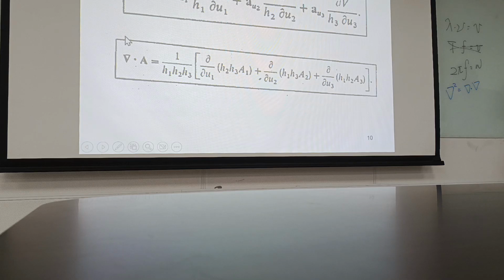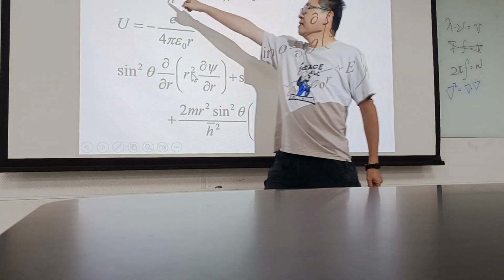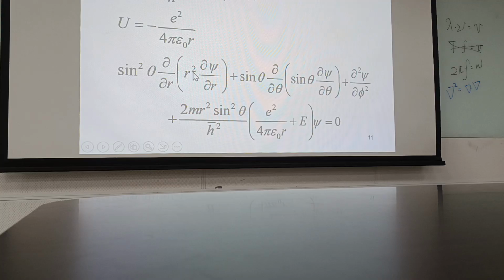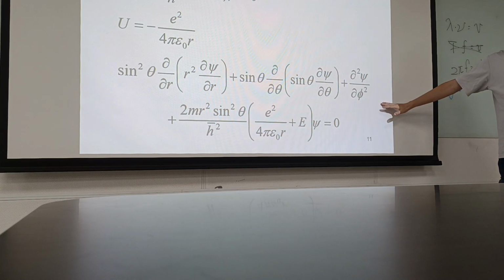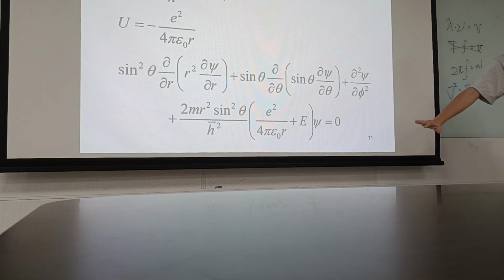We can use these two functions to derive this, we try this next week. So the Laplacian in the spherical coordinate will become this. And we need to solve this.